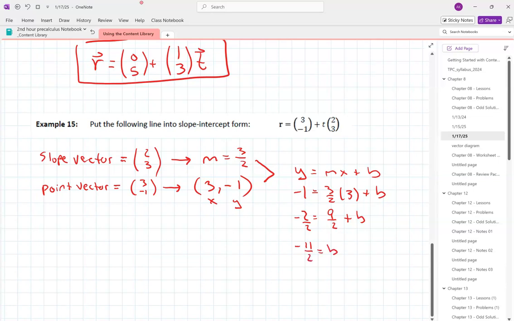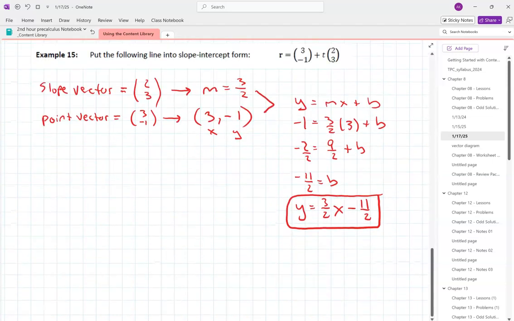So when I subtract the 9 halves over, I get b is negative 11 over 2. And now I have everything I need. I have my slope and my y-intercept. Everybody feels okay there? Okay. All right.